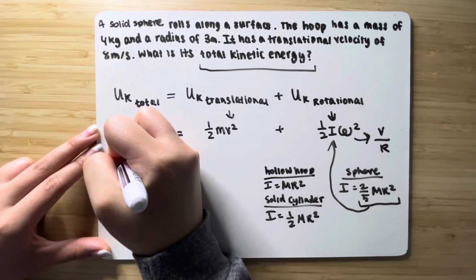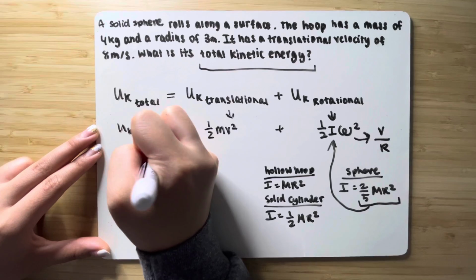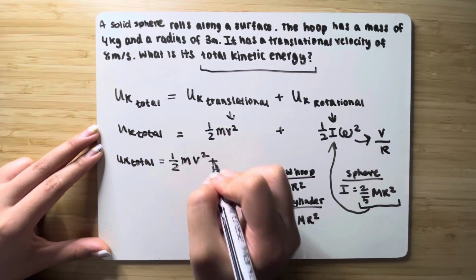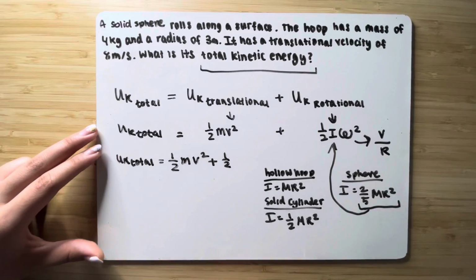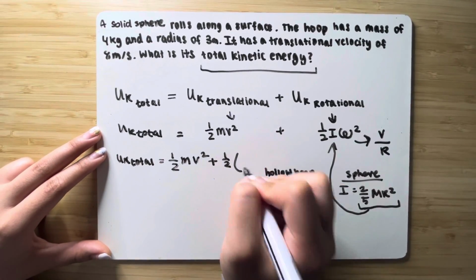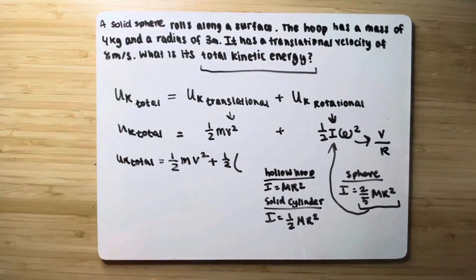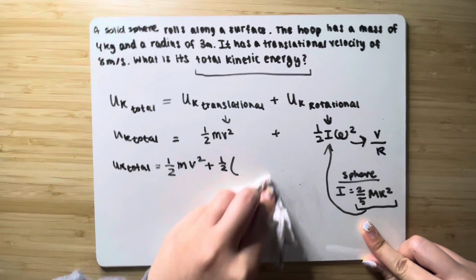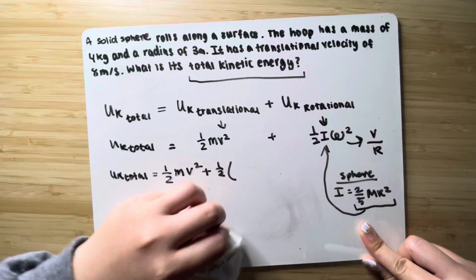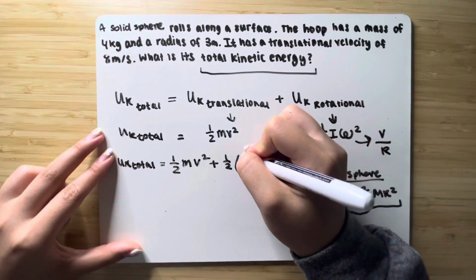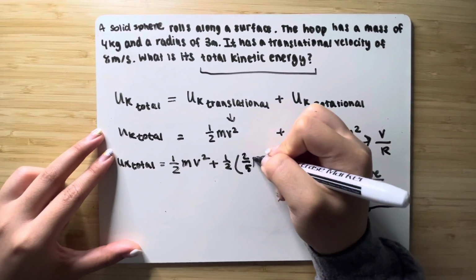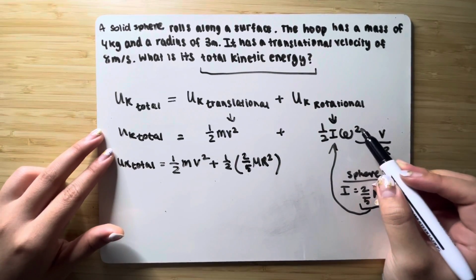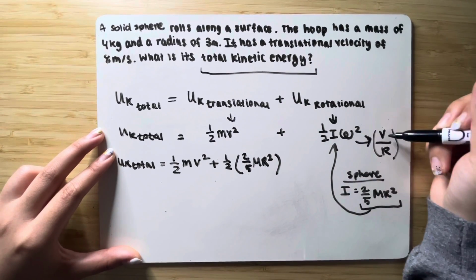So then you have UK total equaling to 1/2 mass times velocity squared plus 1/2 times inertia, which is, let me remove this, two-fifths mr squared times omega squared, because omega is v over r.